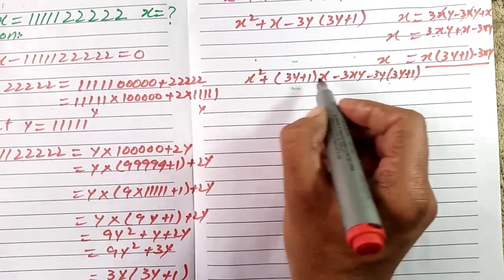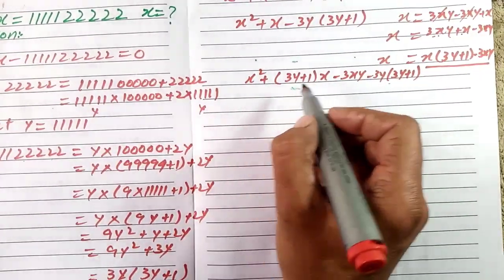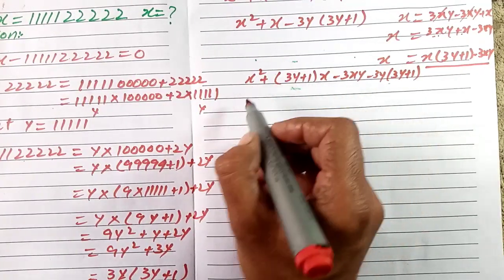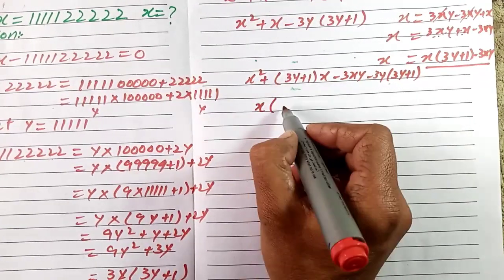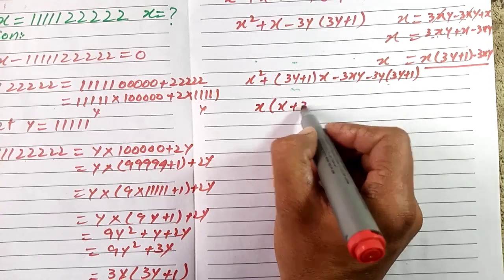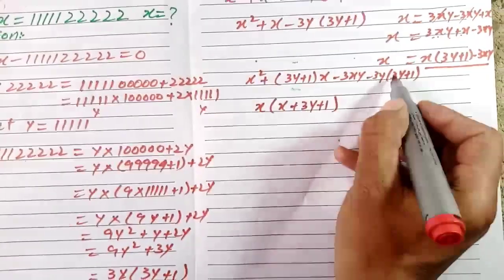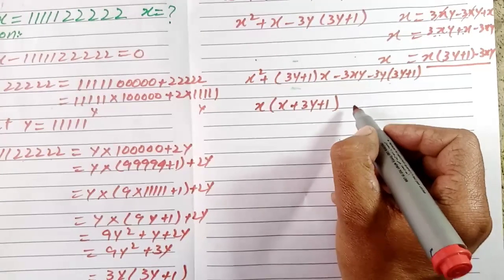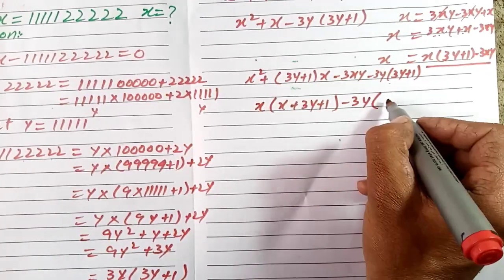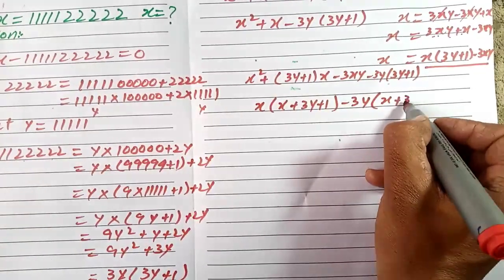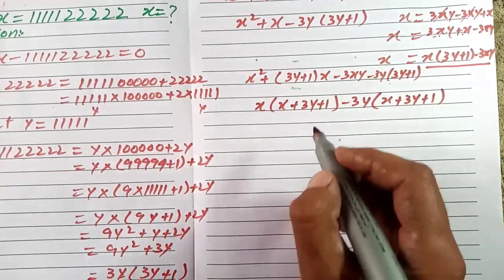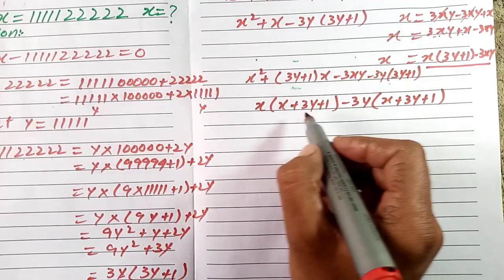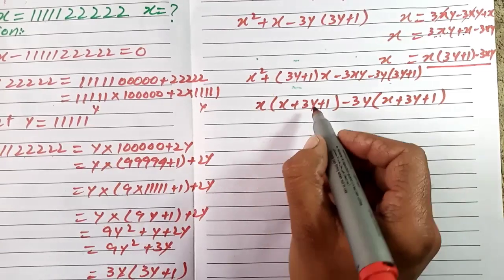So here we can take common of x. We have left in this side x plus 3y plus 1, and in this side we can take common of minus 3y. We have left x plus 3y plus 1. So here we also take common of x in these two terms.